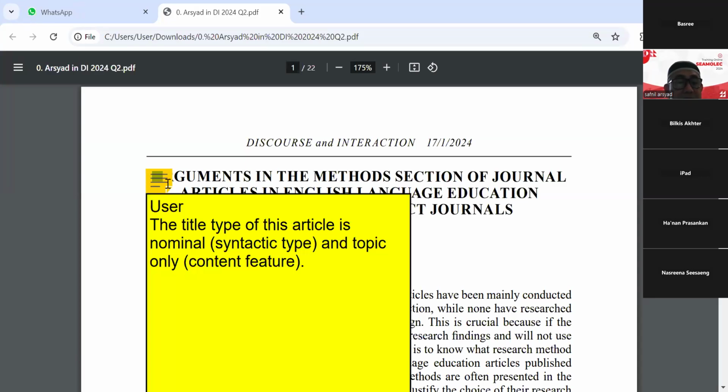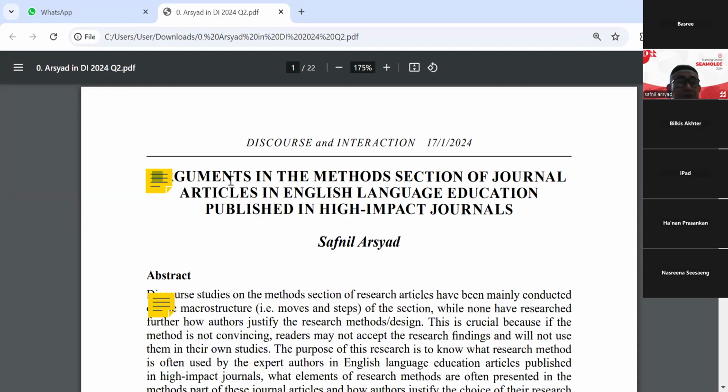This is the linguistic or syntactic type, nominal or noun phrase, and the content type or content feature is topic, because there is no method, like experimental study or case study or qualitative study or mixed method study. Such words are not written in the title.